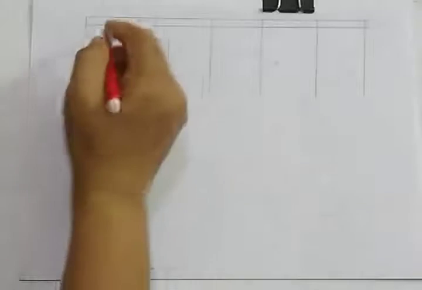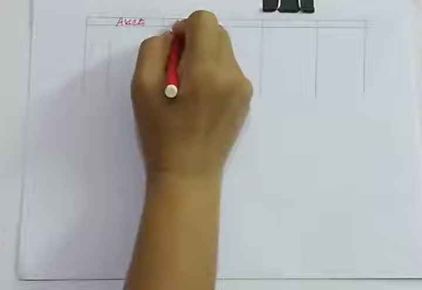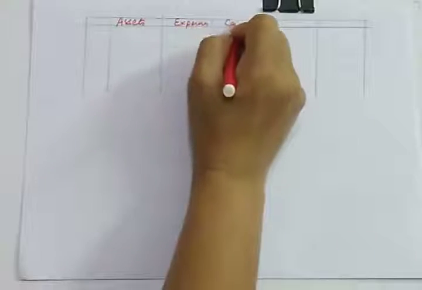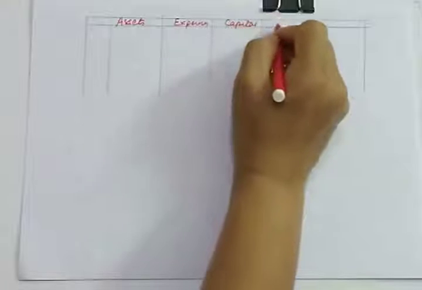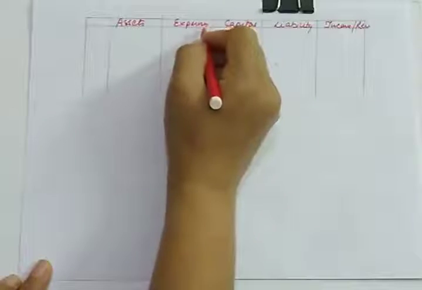First of all I am writing here assets, then expenses, then capital, liability, and the last one is income or revenues. Here you can write expense or losses.